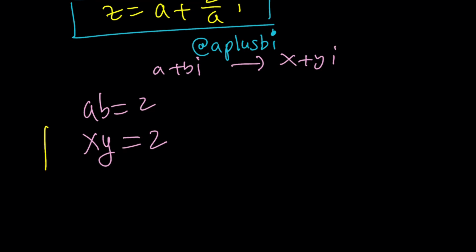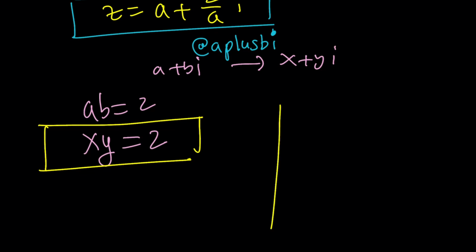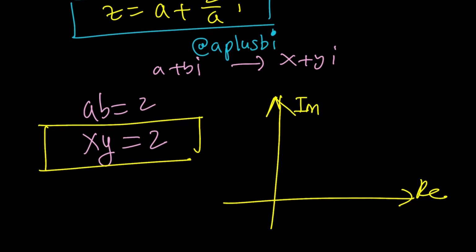Now, obviously, locus problems or locus equations better be expressed with x and y, because we're gonna go to the Argand plane, which is a fancy name for the coordinate plane, where the x-axis, the horizontal one, is called the real axis, and the vertical one is called the imaginary axis. So this one, if you put an Re here and Im, you are on the Argand plane.